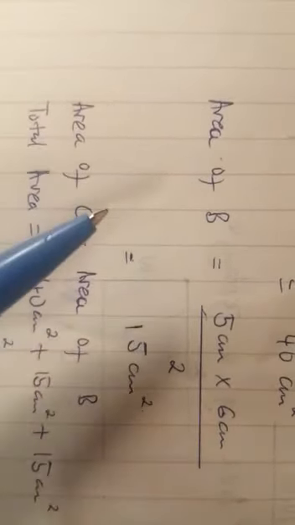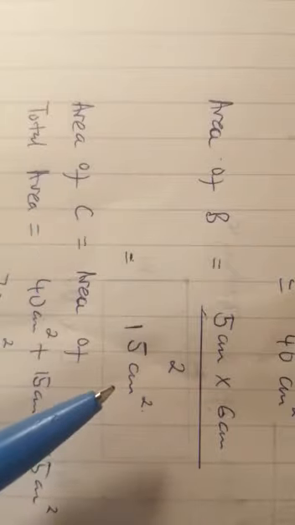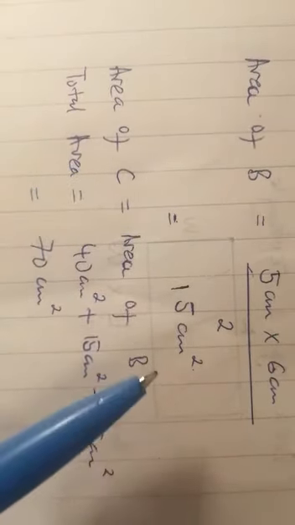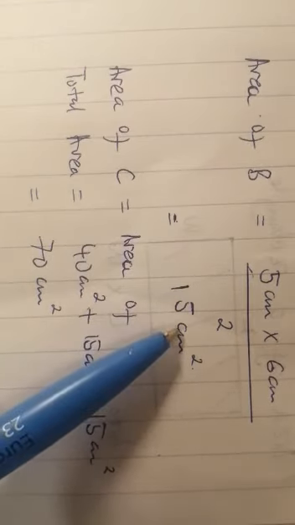We have seen that triangle C and triangle B are the same shape. That means they will have the same area. So that means the area of C will be equal to the area of B, which is 15.